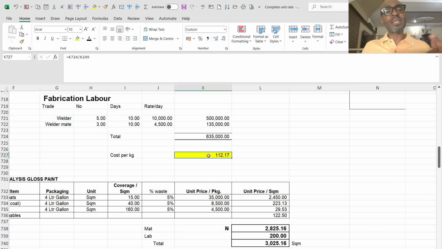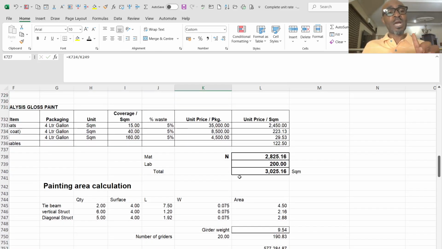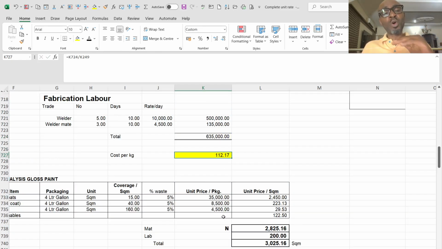Now for you to get the cost per 1 kg, divide the total cost of the labor for fabricating by the 5,661 kg. Then you have 112.017 naira. So now we are done with the analysis of the cost of the material and the labor for fabricating.